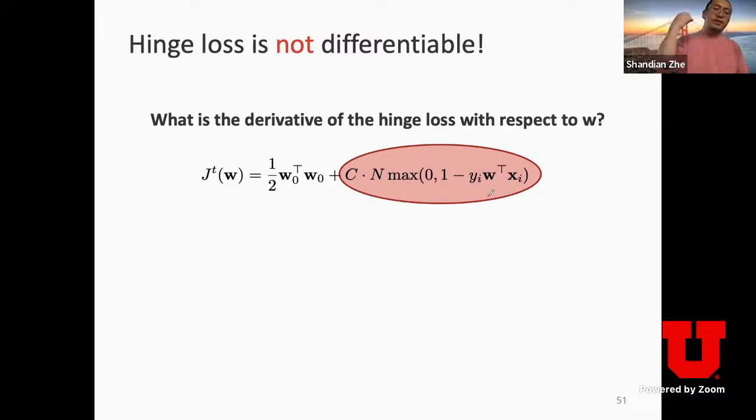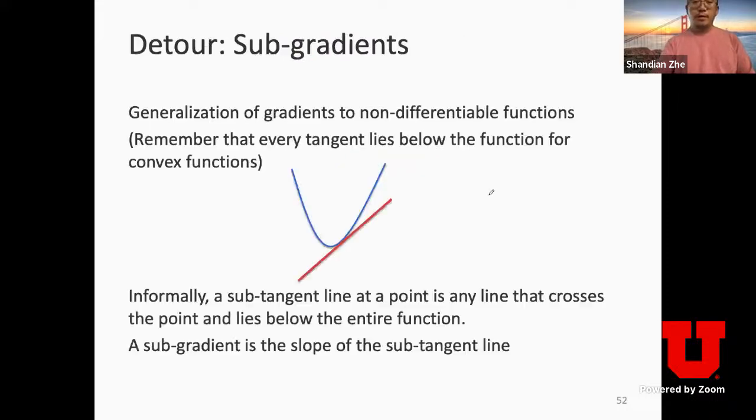This substitute is called a subgradient or subderivative. So what is a subgradient? We can view it as a generalization of the gradient to non-differentiable functions.